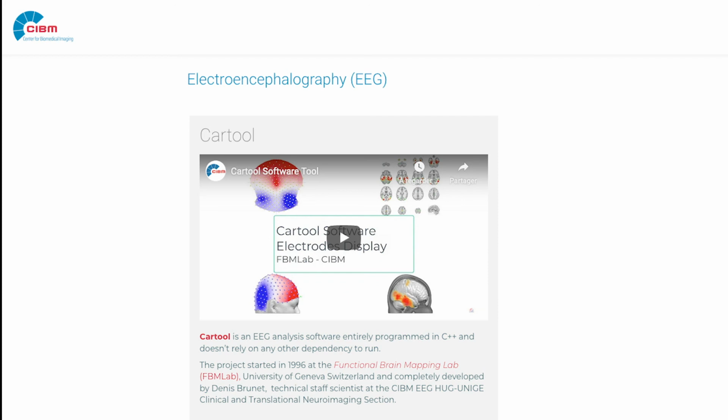Since both pipelines differ and the default differs between Cartool and MNE, I was wondering what you think about surface grids, and how they compare to the volumetric grid as you showed in your pipeline.